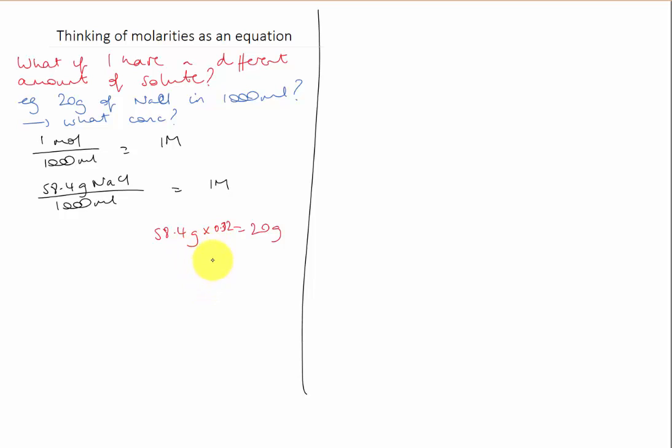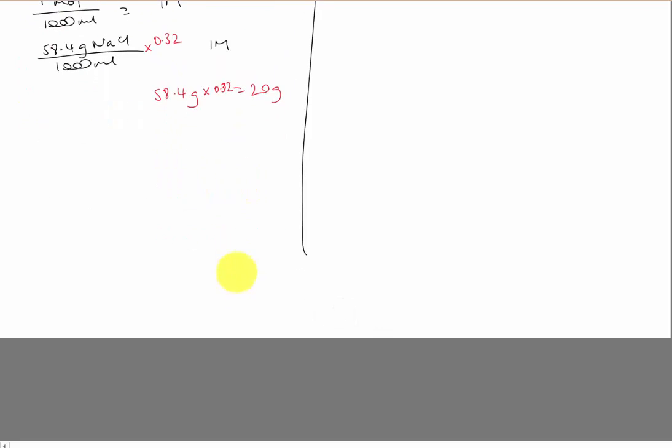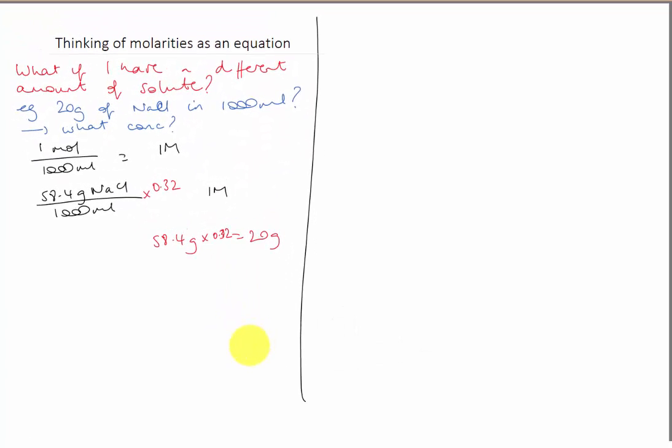I get 0.32. So now I have to multiply times 0.32 on the left of my equation, and therefore also on the right of my equation, so 0.32 equals.